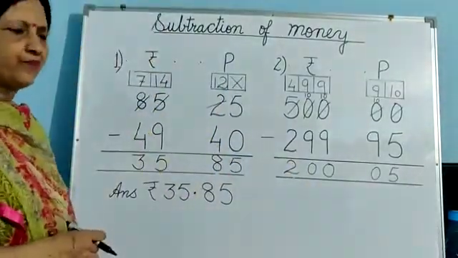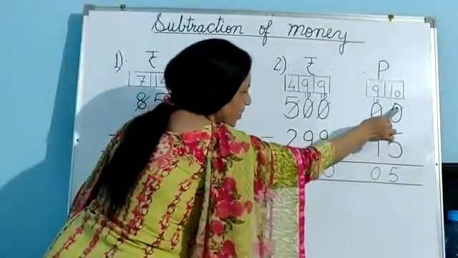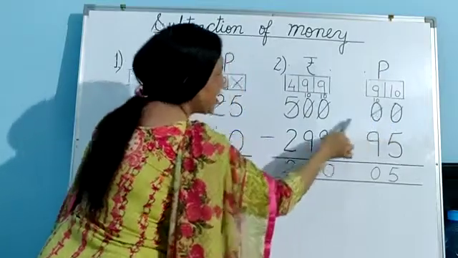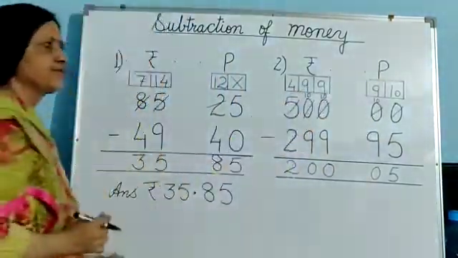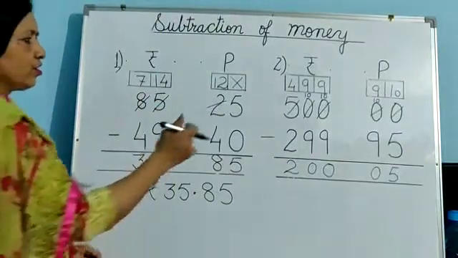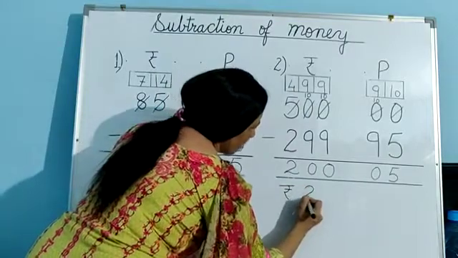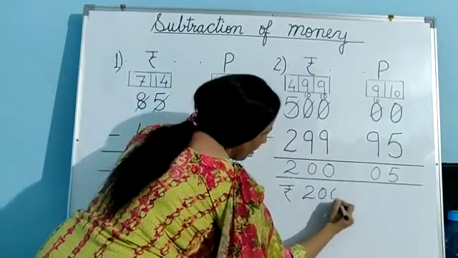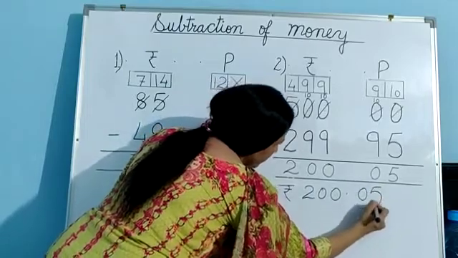Clear beta? This 0 will become 10 and rest of 3 zeros will become 9. Clear beta? So answer we get is rupees 200.05.